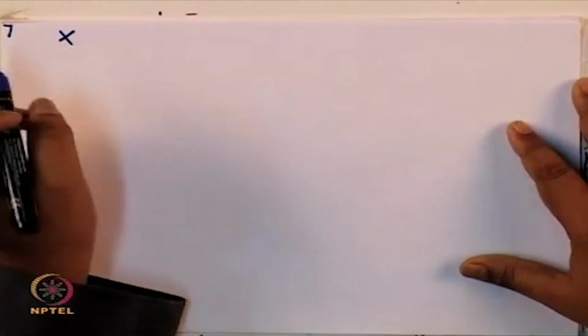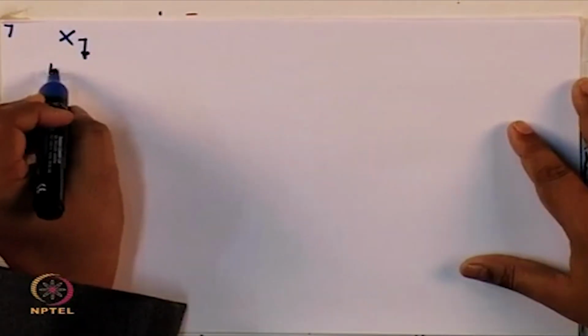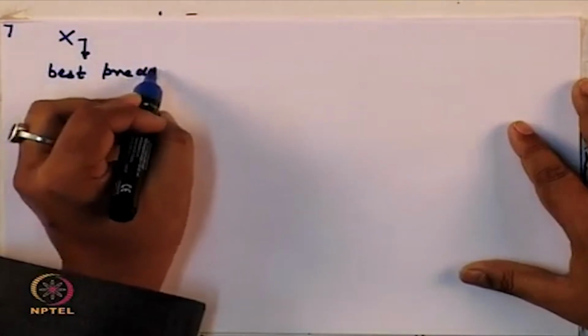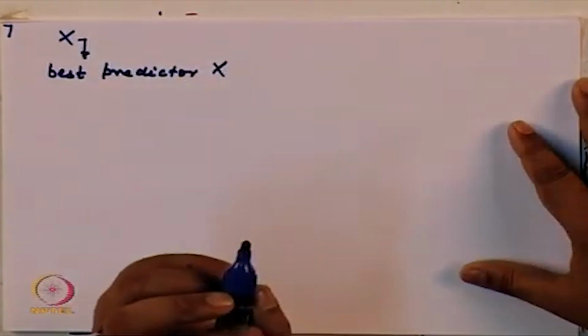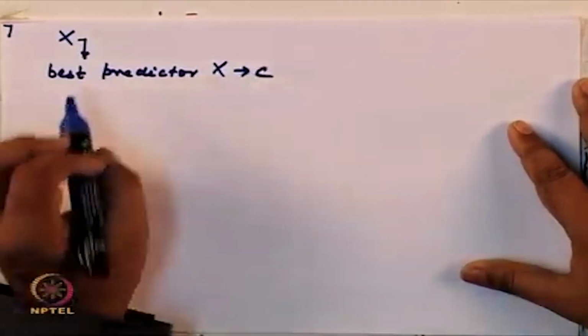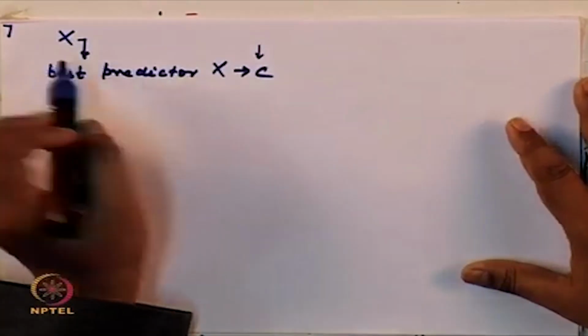Okay. So, in expectation, let us say you have a random variable X. We want to know what is the best predictor, that is, what is the value c which best predicts X?